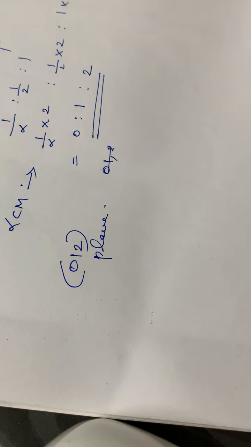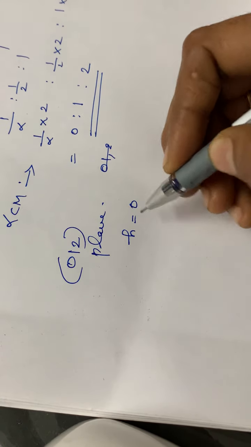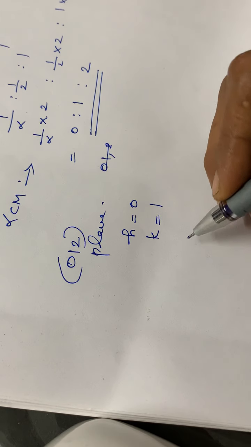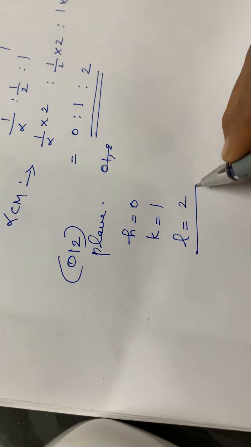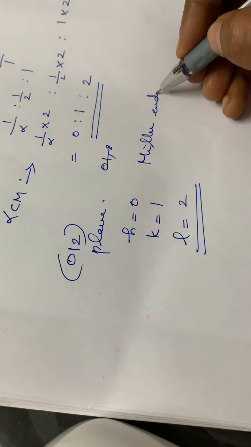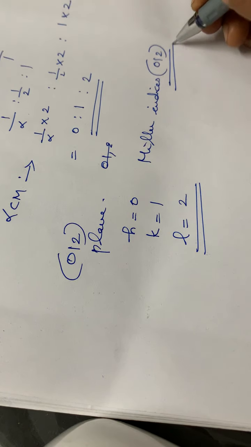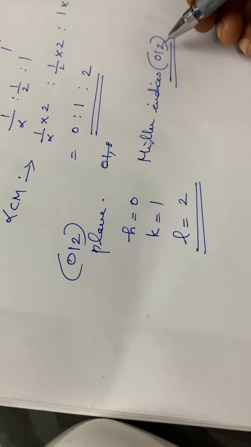Here H is equal to 0, K is equal to 1 and L is equal to 2. We can represent it in brackets, and we should not put commas in between. 0, 1, 2 plane.